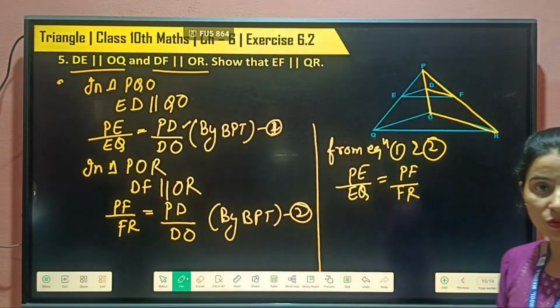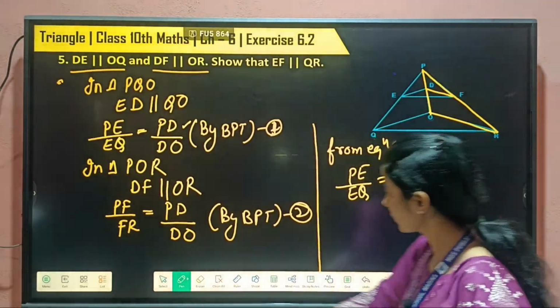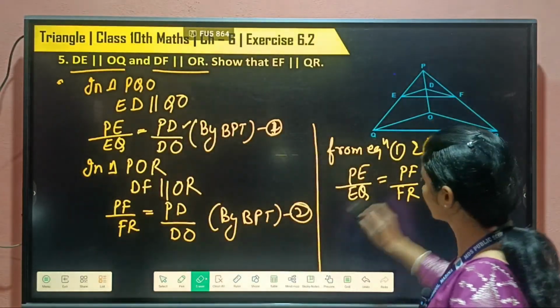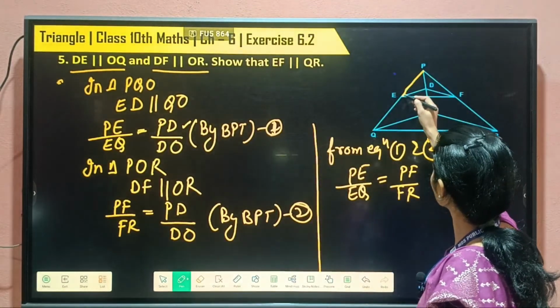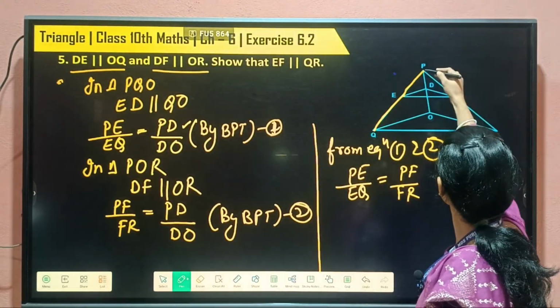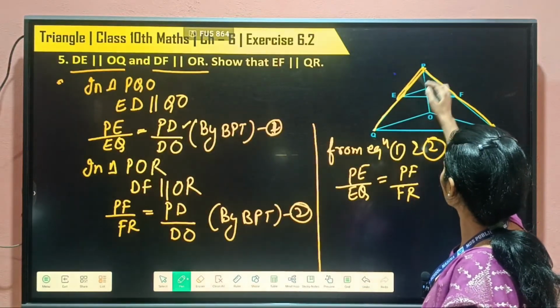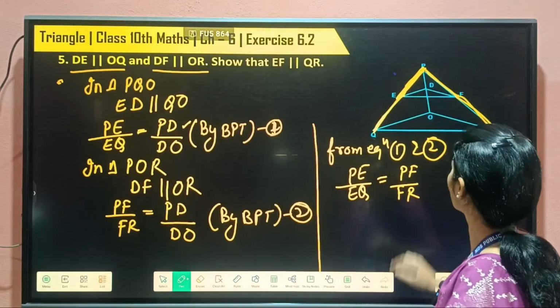Now check this ratio in triangle PQR. We are getting PE by EQ and PF by FR.